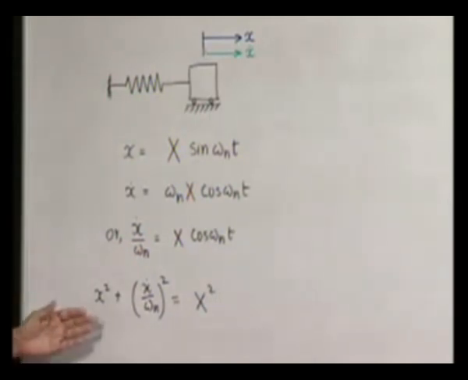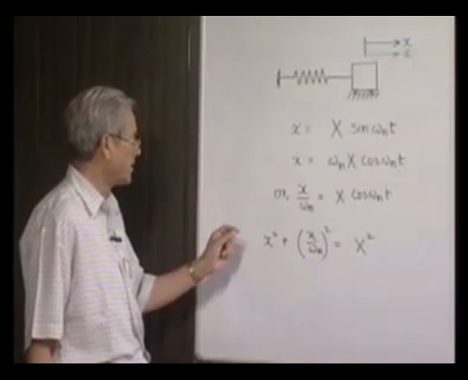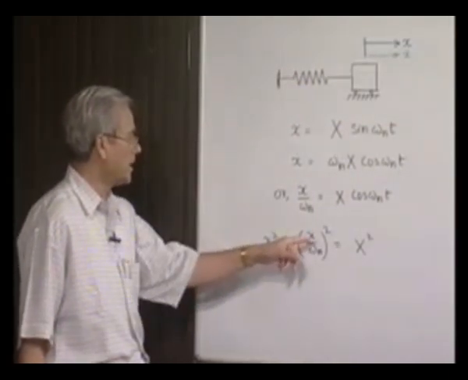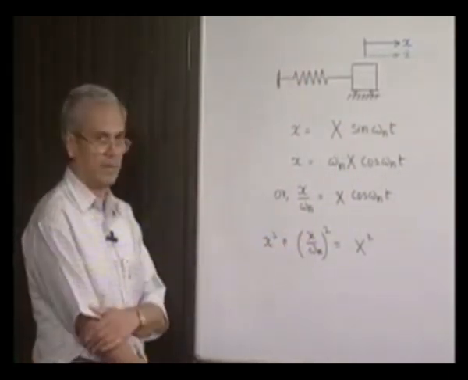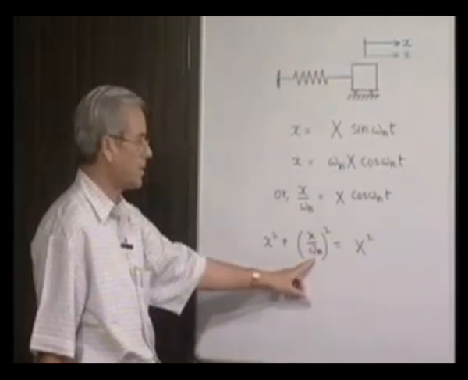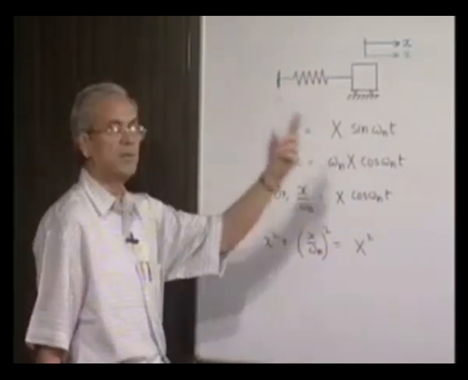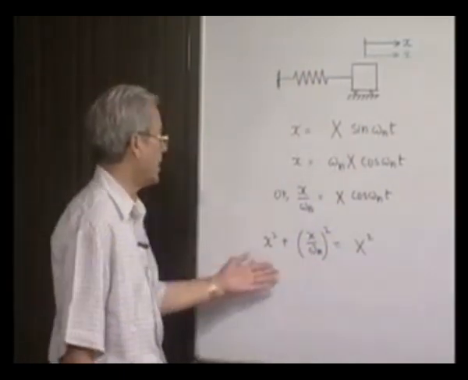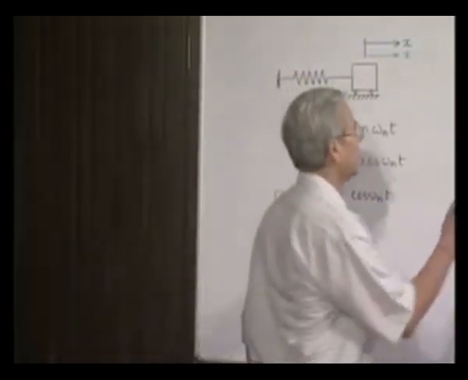So, if we plot instantaneous displacement and instantaneous velocity by natural frequency, which is constant for the system, then obviously we will get a circle, because this is nothing but the equation of a circle.